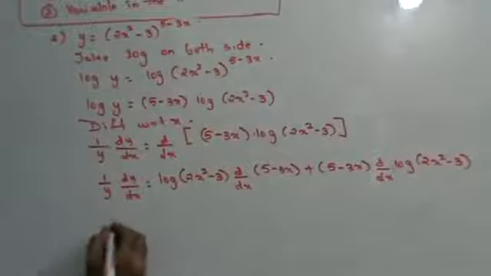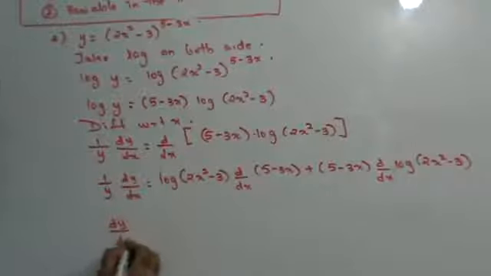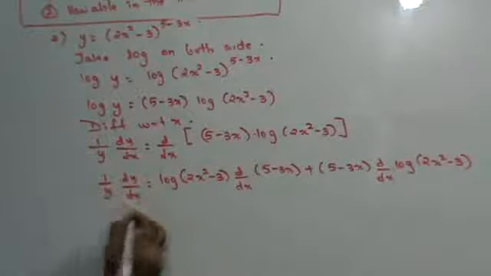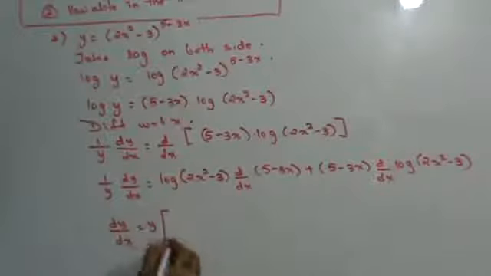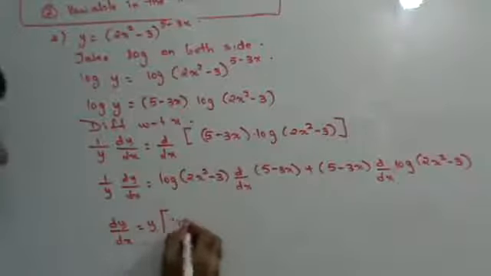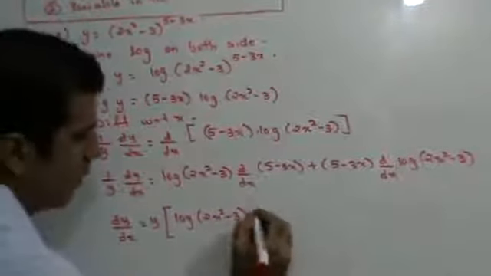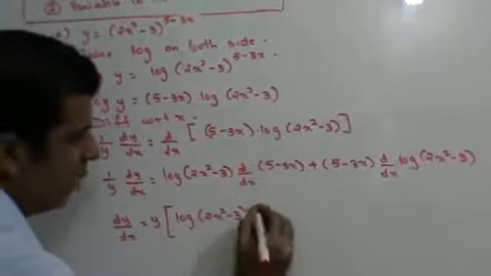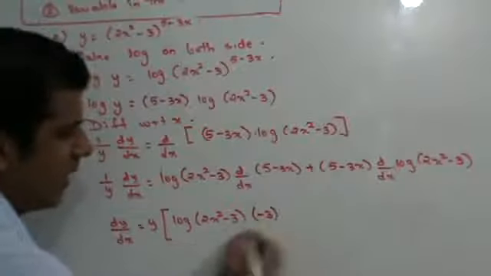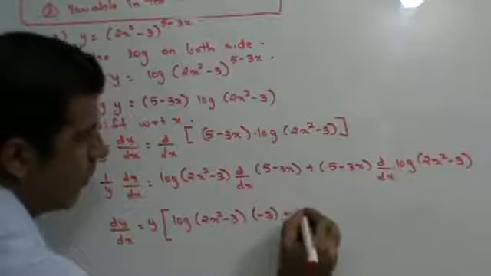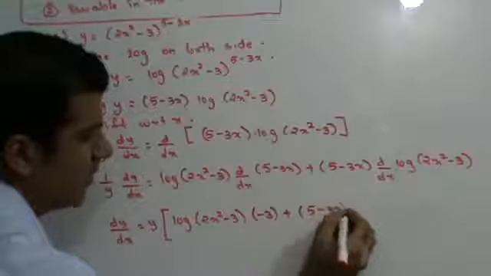Fine. dy/dx, take the y on the other side. This is division here. When you take it on the other side, it will become multiplication. This is log (2x² − 3). d/dx of 5 is 0. d/dx of −3x is −3, plus (5 − 3x).